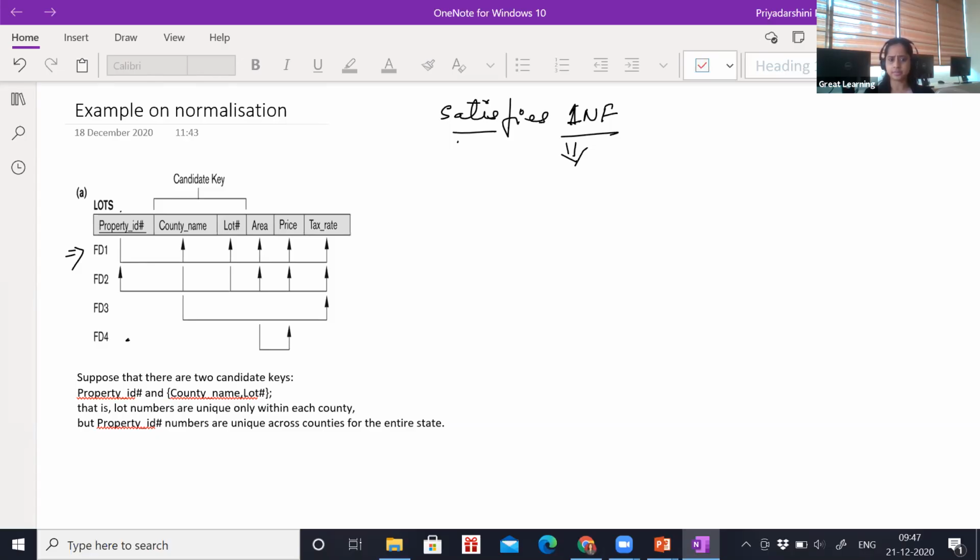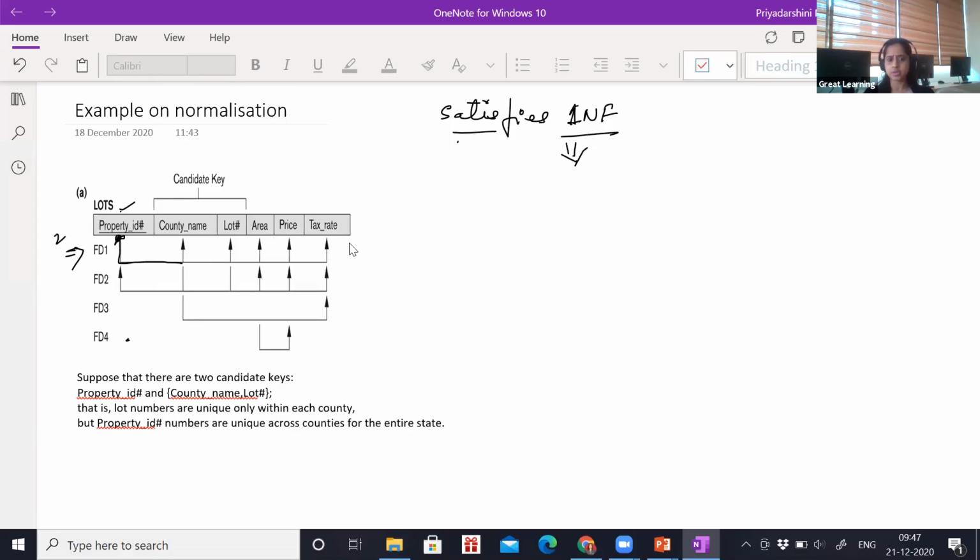So check it here. Your FD1. The right hand side can be any number of attributes. All the attributes in the right hand side are fully functionally dependent on the primary key. The primary key is only one attribute, so it is actually dependent on that one attribute only.